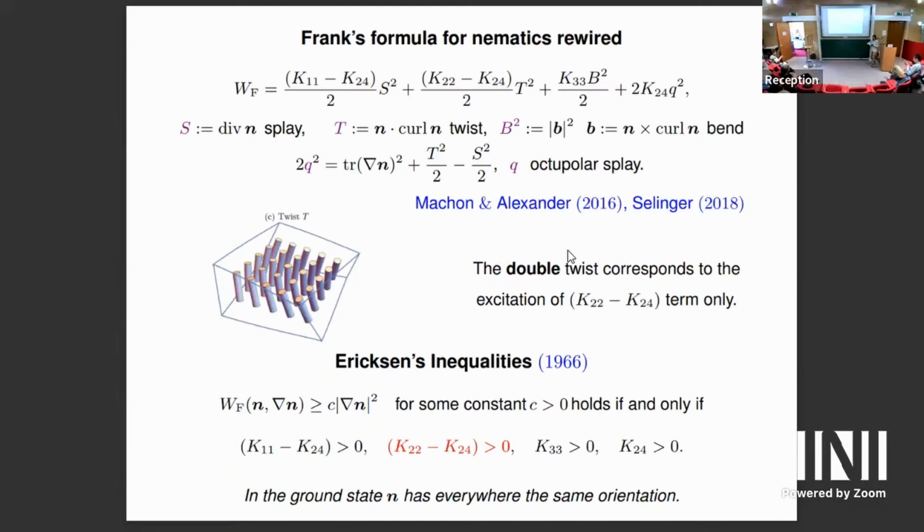And so every distortion from the natural state, from the constant state, costs energy, which is positive. And we turn our attention to this inequality involving the K22 elastic constant and the K24 elastic constant.